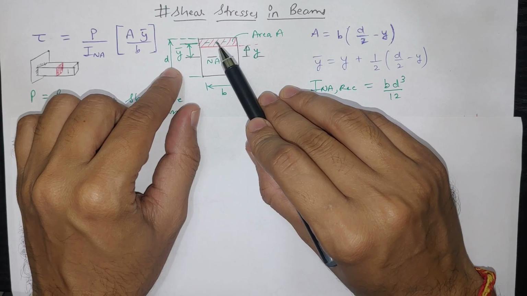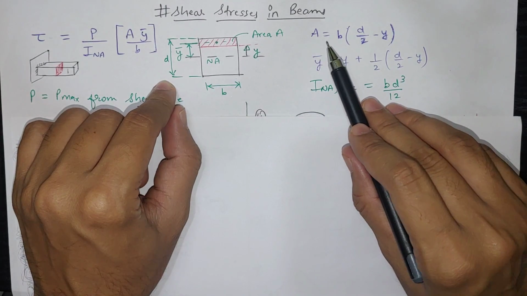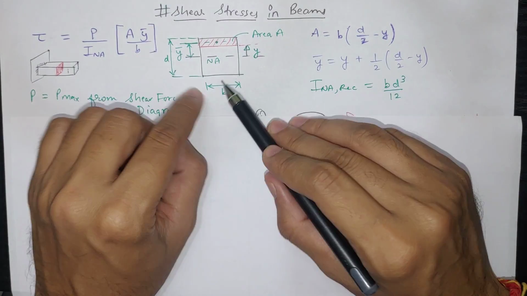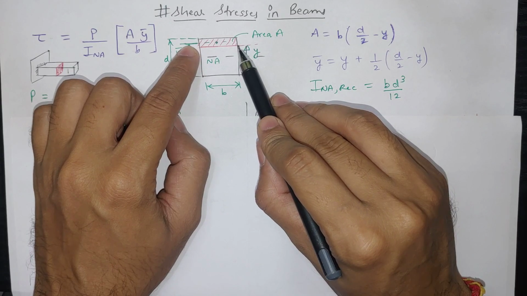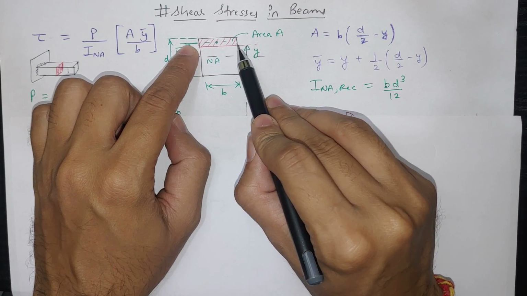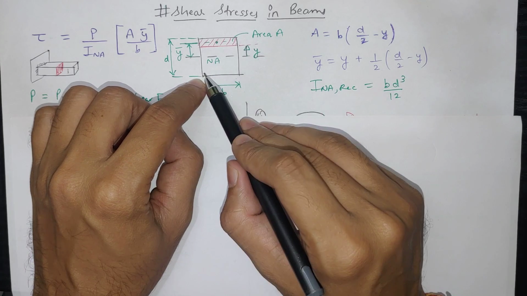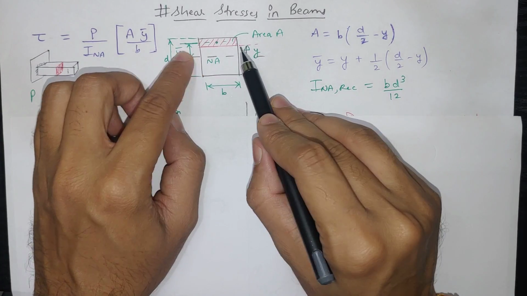If we have to find y bar, I'll discuss this. And b is the width at the fiber where we have to find shear stress. So this will be the b. Here b is uniform throughout the cross section because it is rectangular, but for circular or triangular it will vary. So here b is constant.